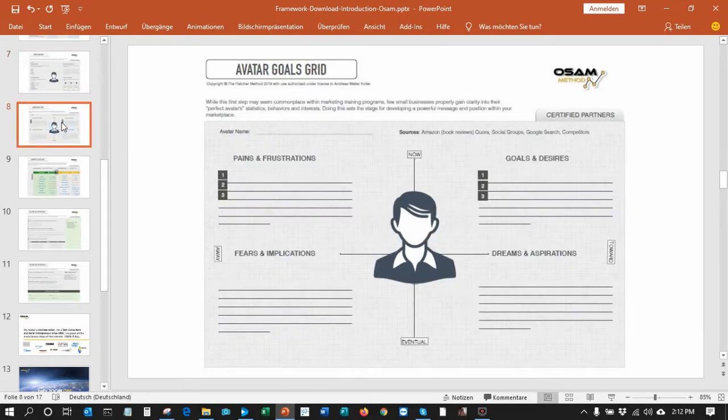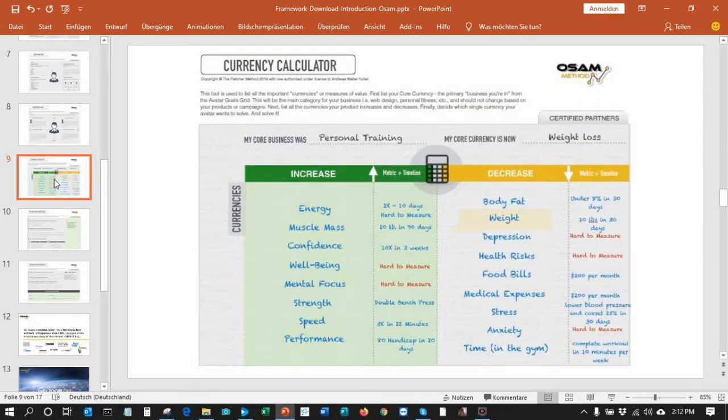Have the avatar goals grid at your side, and most likely the things that you fill in the currency calculator are coming exactly from there. So now we have two columns, the increase and the decrease. Try to extract single phrases that your product will increase on this side and decrease on the other side.